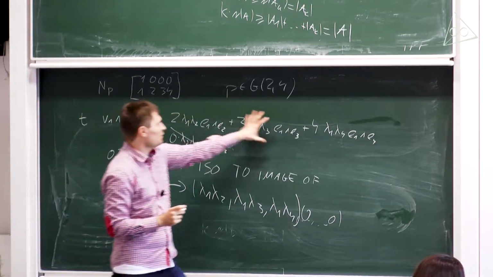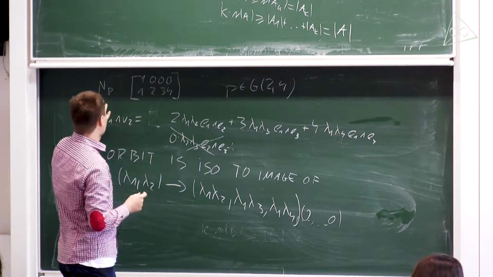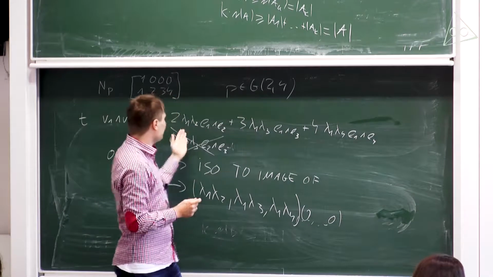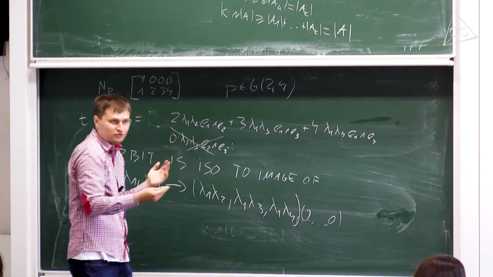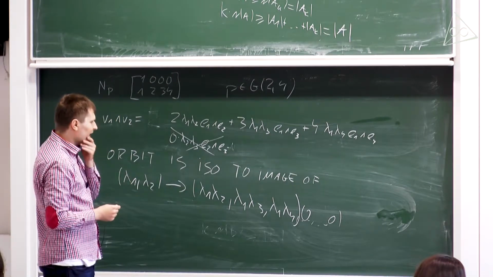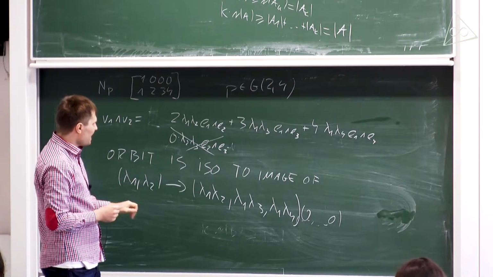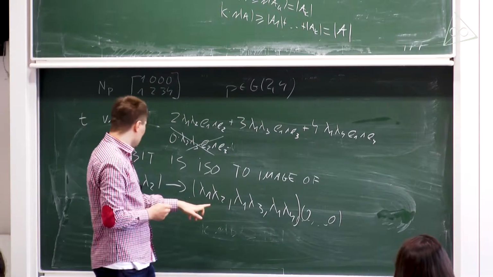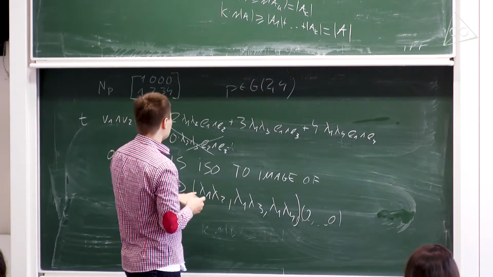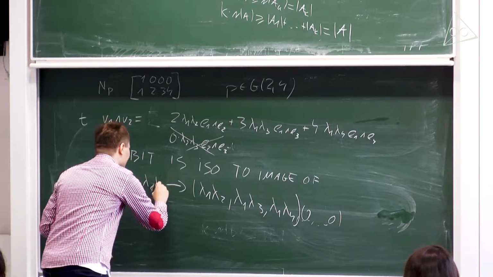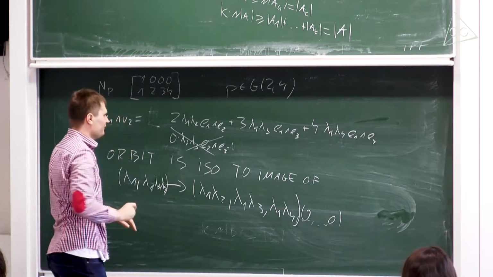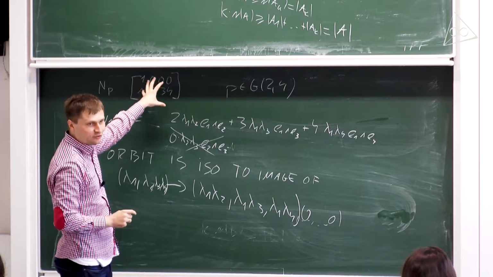We have written what's the point in the orbit for arbitrary t, and when we vary t, these things change, but these things don't because they are multiplied by 0. Okay, so that's lambda 1 lambda 2, lambda 1 lambda 3, lambda 1 lambda 4. Yeah, we have a 4-dimensional torus.